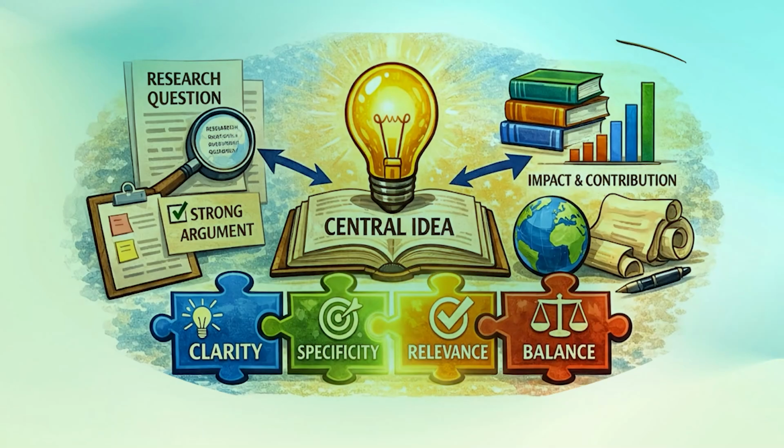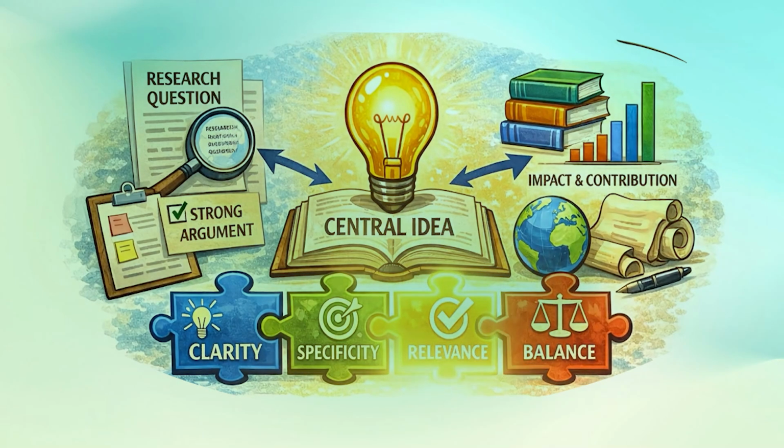Relevance. It should be connected to the existing literature and fill a gap or respond to a problem. So, the relevance of the article should be very clearly mentioned right at the outset. It cannot be a repetition of a work which has already been done too many times beforehand.